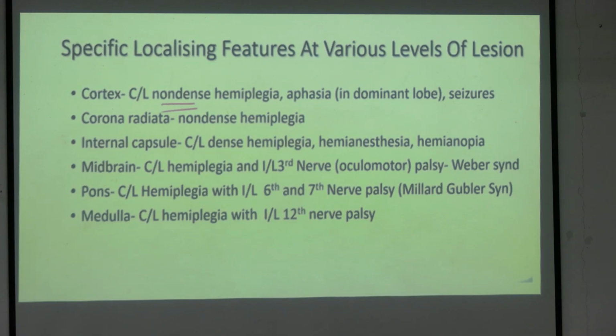If it is the medulla, it will involve hemiplegia with the 12th nerve. Note the medulla contains the last 4 cranial nerves, 9, 10, 11, 12. So, there may be 12th nerve palsy, the hypoglossal nerve palsy. When the medulla is involved by hemorrhage, it is also called lateral medullary syndrome.